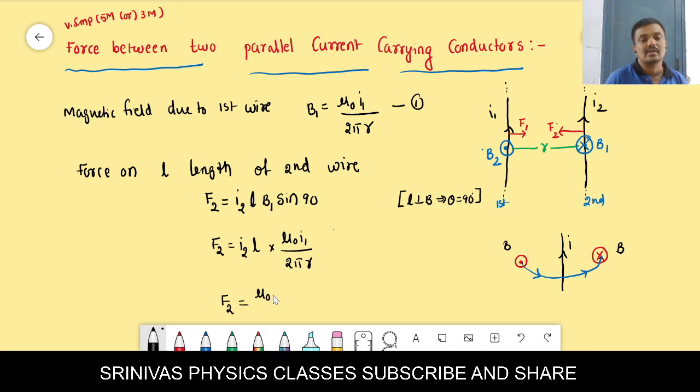Mu naught I1 I2 by 2 pi R into L. This is equation 2. This is the formula for the force on the second wire.